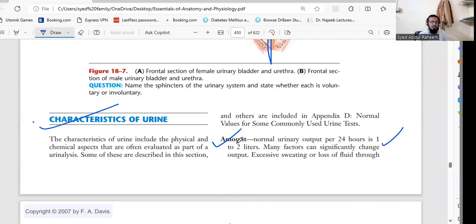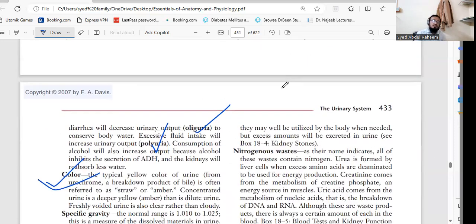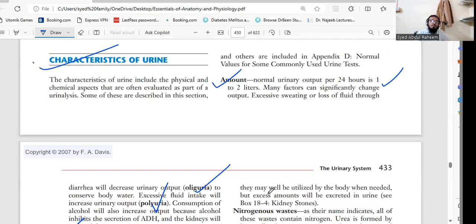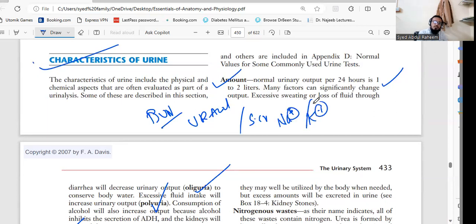And we have other blood samples in which we check the kidney function test, KFT or RFT, renal function test, in which blood urea nitrogen, uric acid levels, serum creatinine, sodium, and potassium are involved.